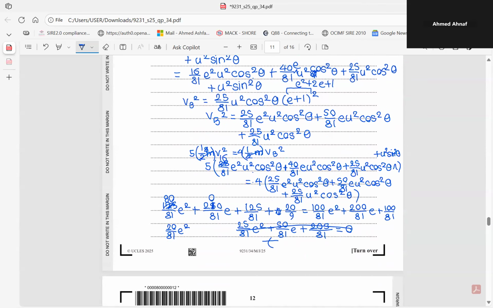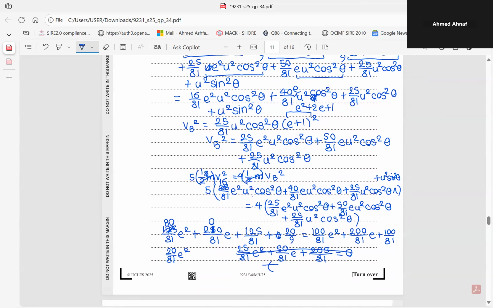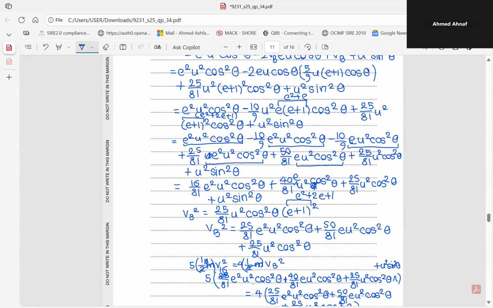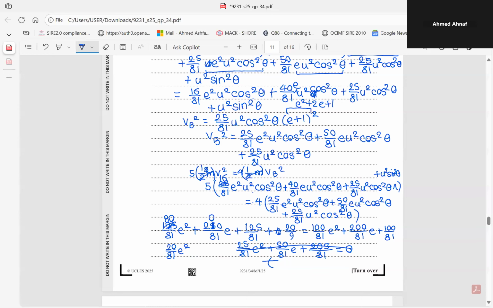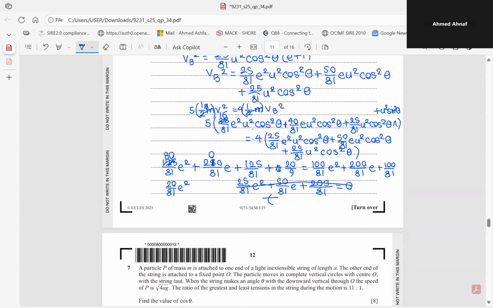I feel like something is wrong in here. Okay, so after all this manipulation, you're supposed to end up with 4e squared minus 8te plus 41 equals 0.